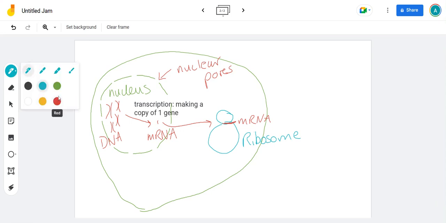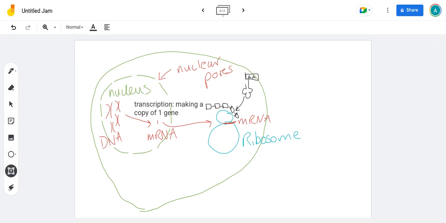Now, we know that proteins are made out of amino acids. So what happens is these molecules called tRNAs bring amino acids to the ribosome, and the ribosome joins these amino acids together in a long chain that can then fold up to make a protein. And that process there is translation. So translation happens in the cytoplasm on the ribosome.